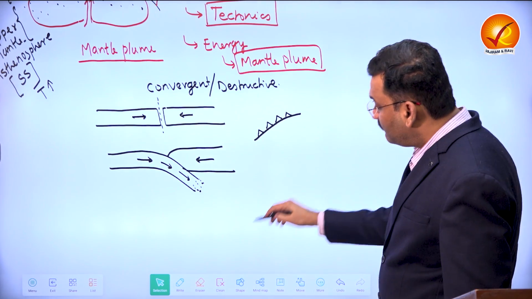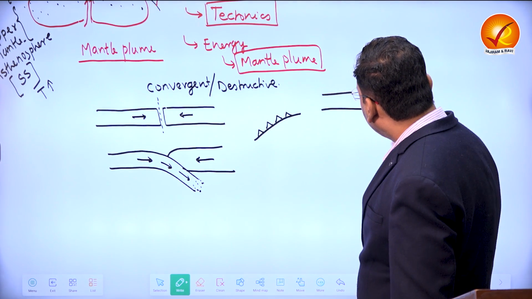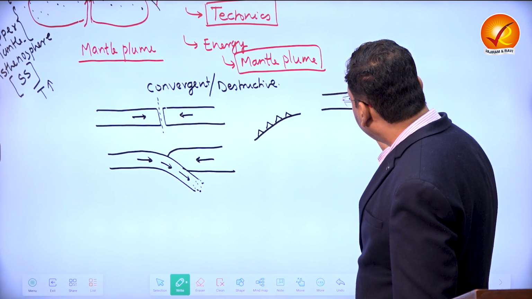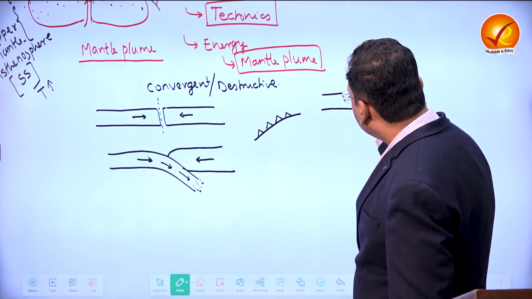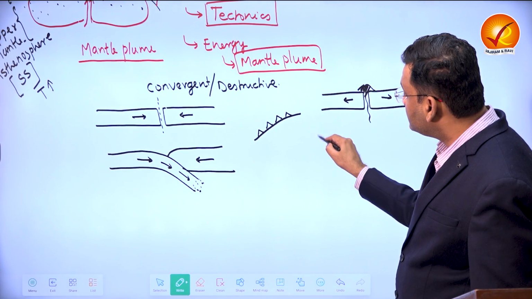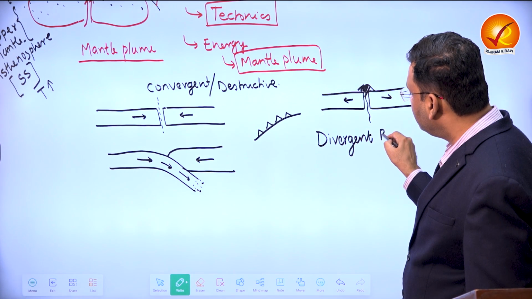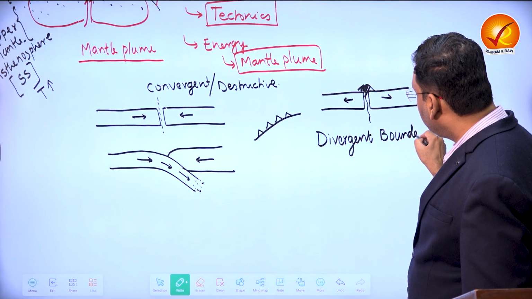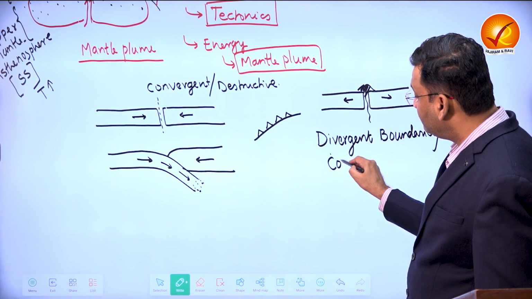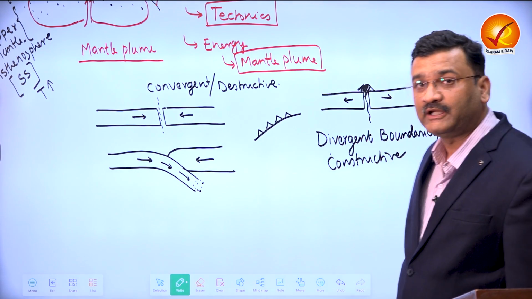When the two plates are moving away from each other, in such cases, the new crust will be created by the rise of magma. So these are divergent boundaries, and in case of divergent boundaries, there will be formation of the crust, thus they are considered as constructive plate boundaries.